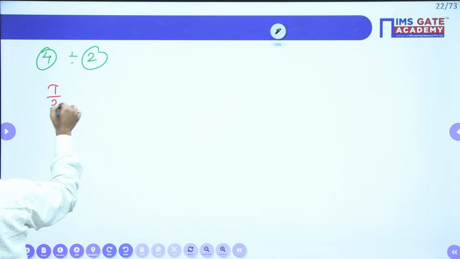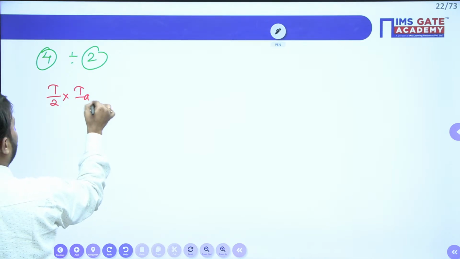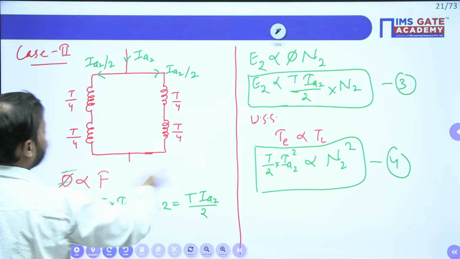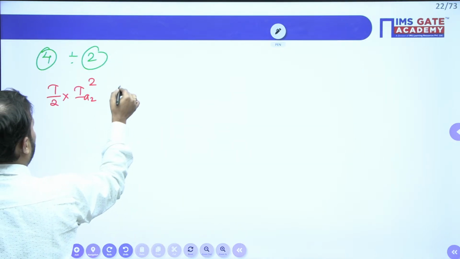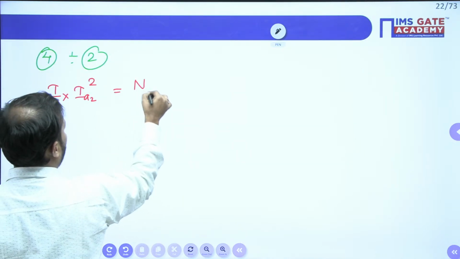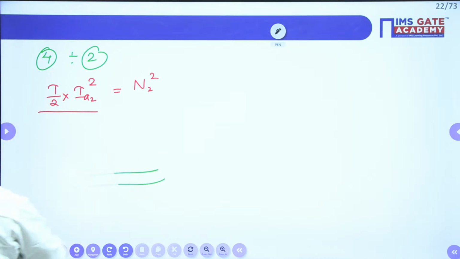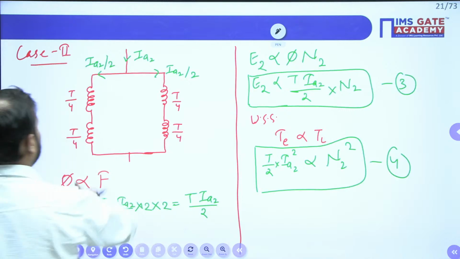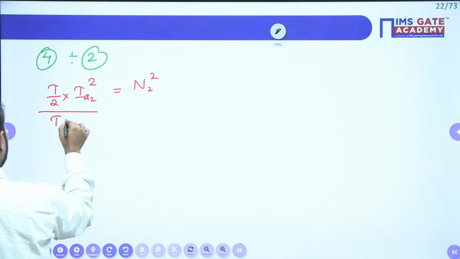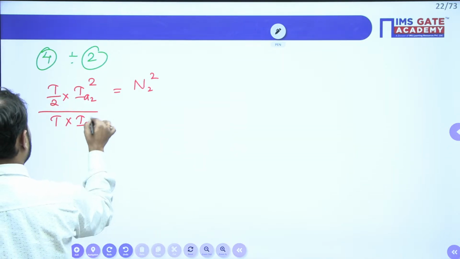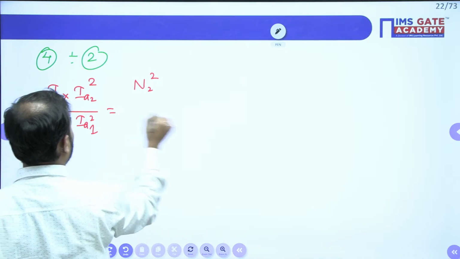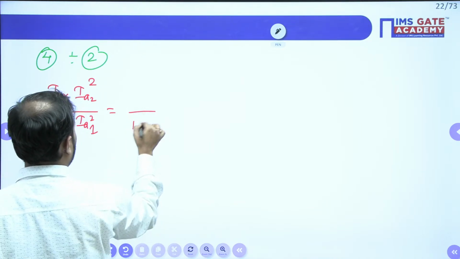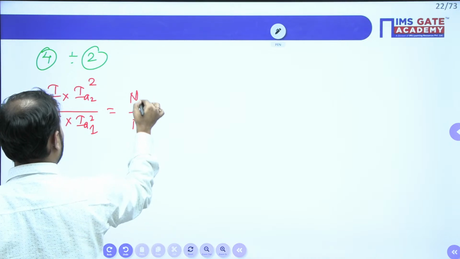T by 2 into IA2 whole square is equal to N2 square, whole divided by T into IA1 square equal to N1 square. This is N2 square.